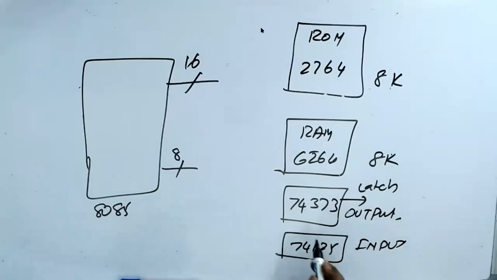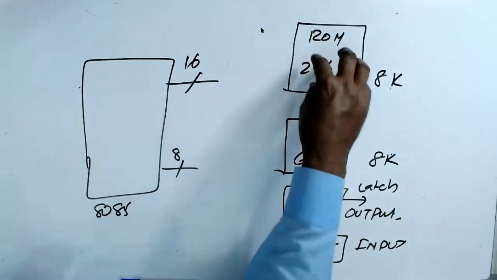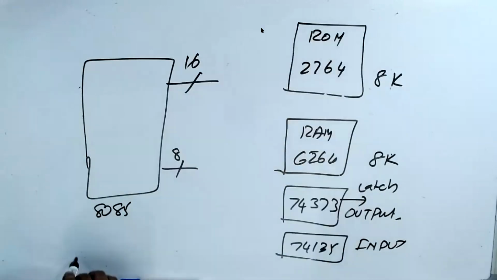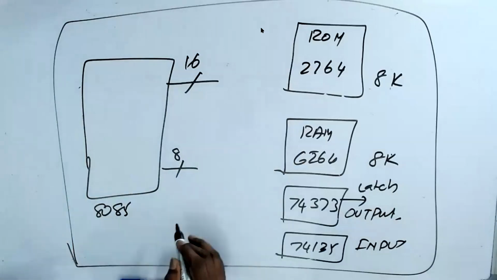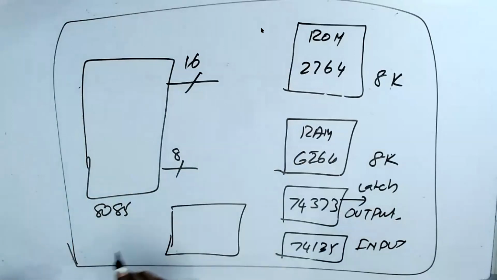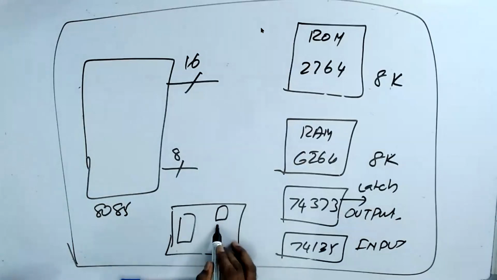I'm giving you an example. So what we do here is we buy these components and connect them through wires. We buy a board, put the ICs on it and connect them.